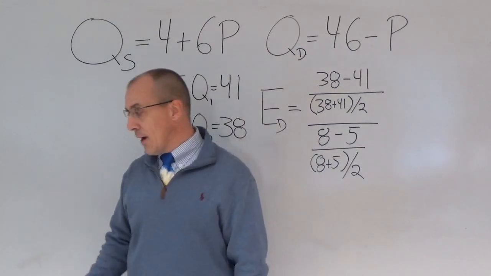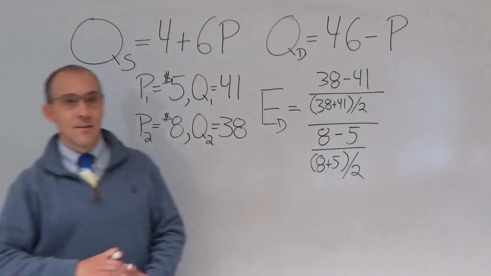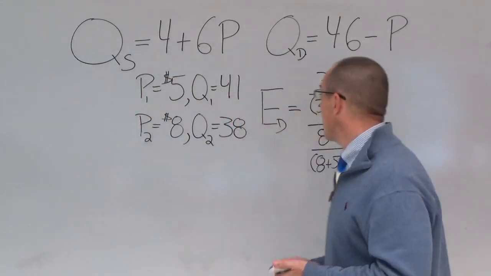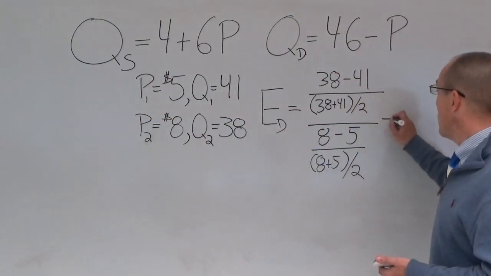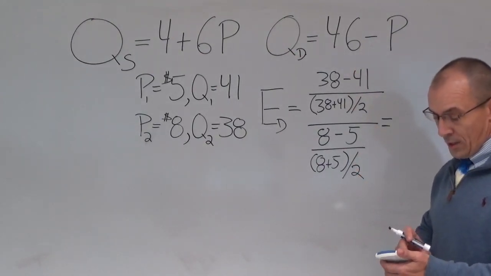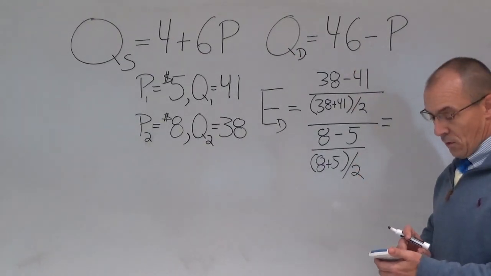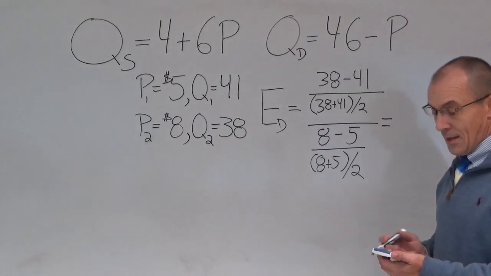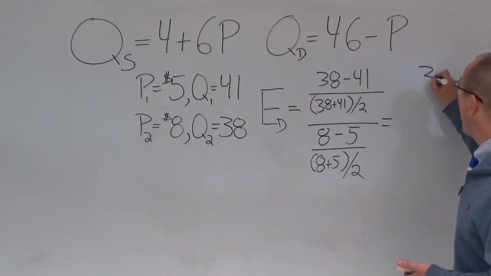If we take my calculator here, this is where calculators become friendly. I'm first going to do the top part. I'm going to do 38 subtract 41, and that's going to give me negative 3.